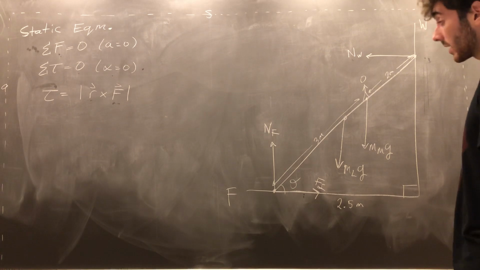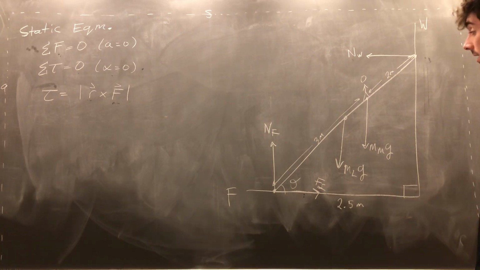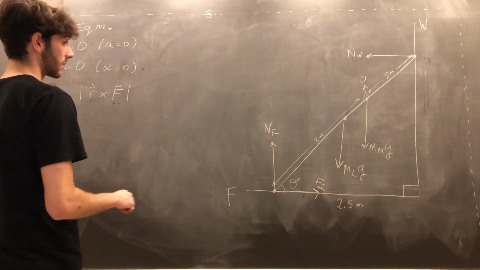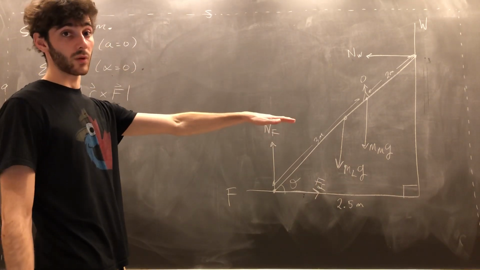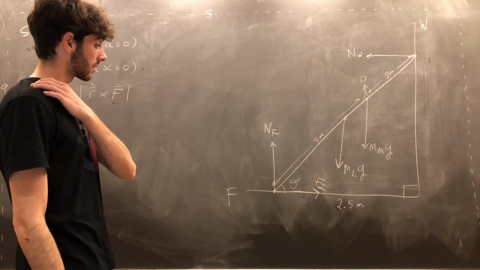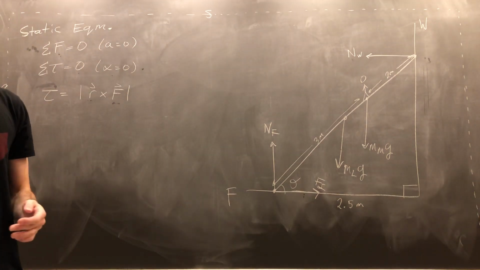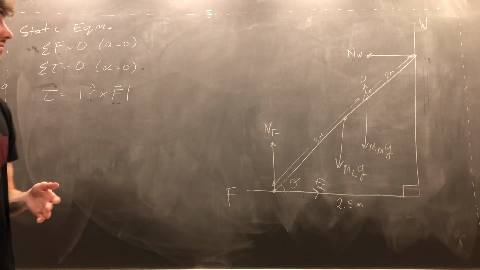Now, we can simplify our lives quite a bit if we break that force into components. The thing about torques is that the only way you can impart torque on an object is with a perpendicular force.